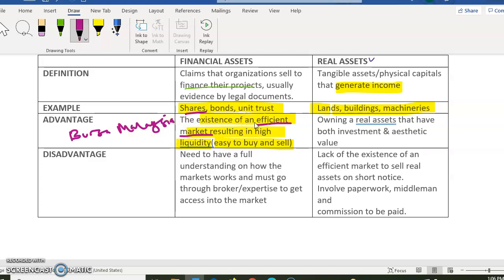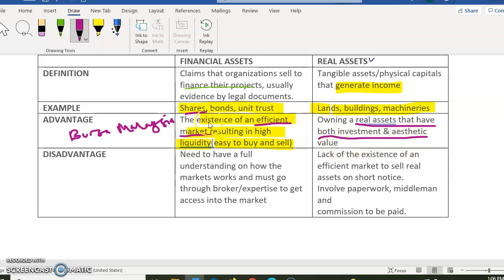So you can just, kalau ASB, kita boleh walk into banks, dia punya cawangan-cawangan yang telah dilantik oleh PNB dan sebagainya. So dia ada struktur market yang agak kita katakan cekap dan tersusun. But compared to real asset, it does not have any efficient market.